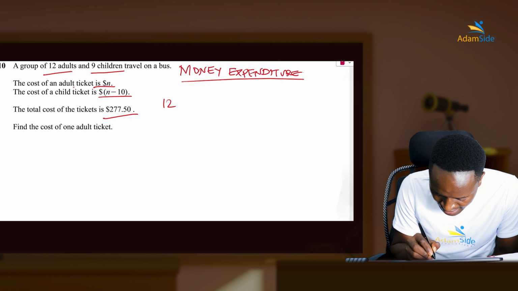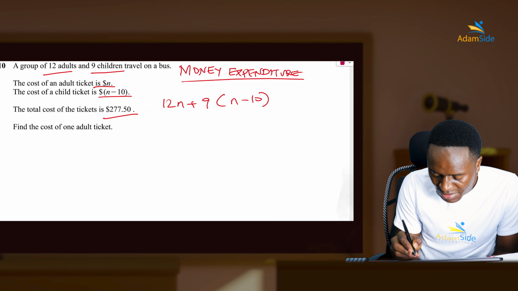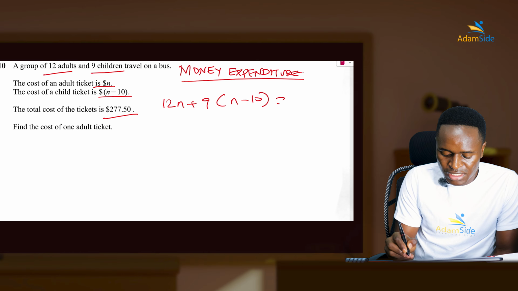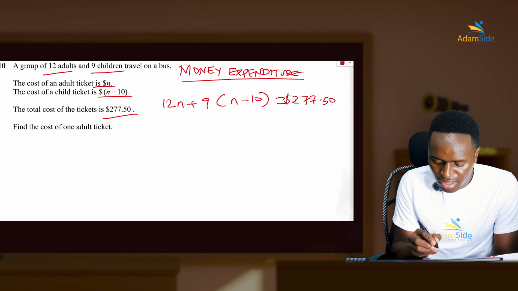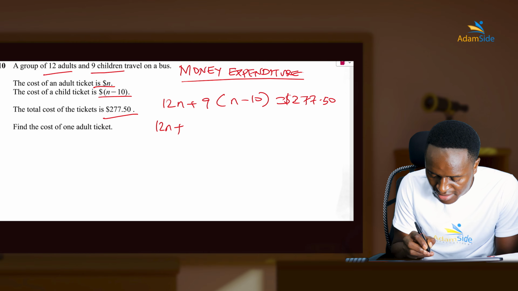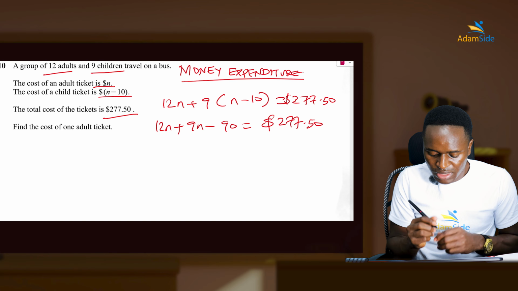is 12N plus 9 times the price of each, it's N minus 10, is equal to the money there, which is $277.50. So when you do that, you say 12N plus 9N minus 90 is equal to 277.50.